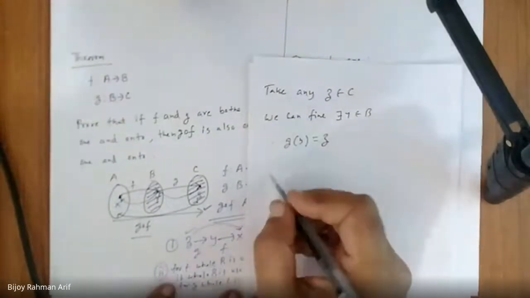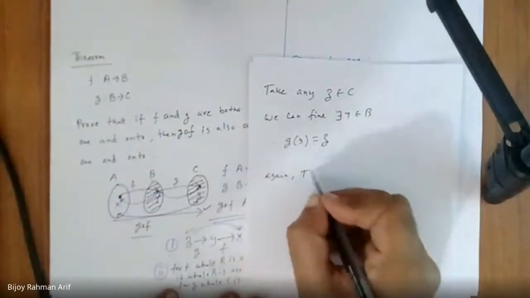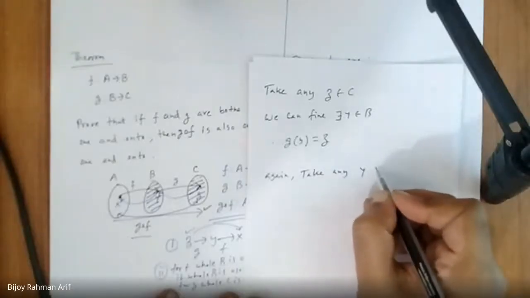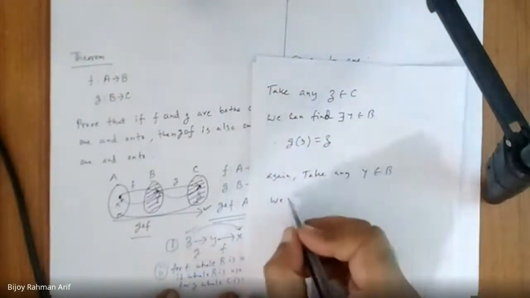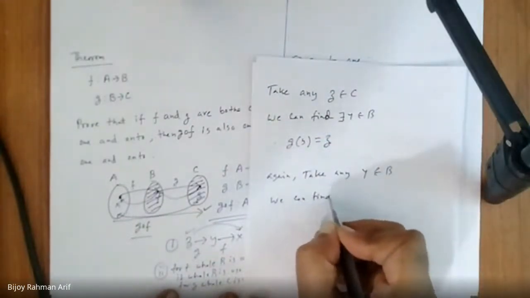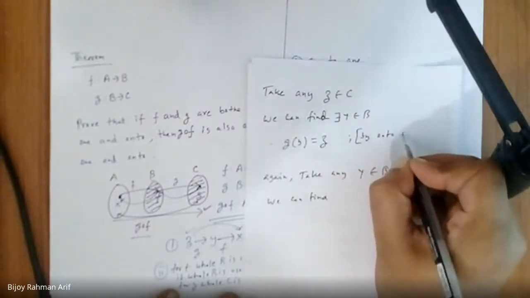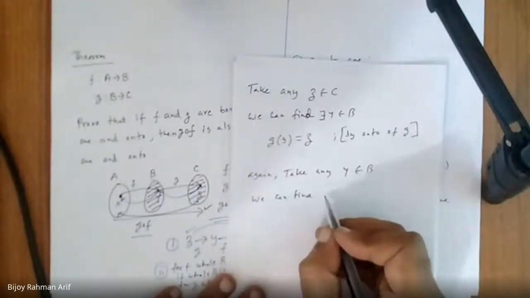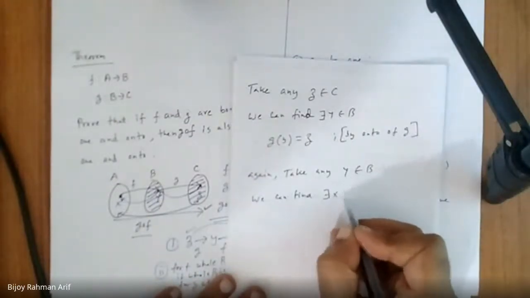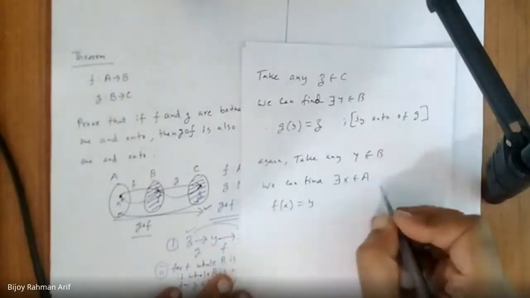Again, take any y belongs to B; by onto of F, we can find some x belongs to A such that F(x) equal to y.